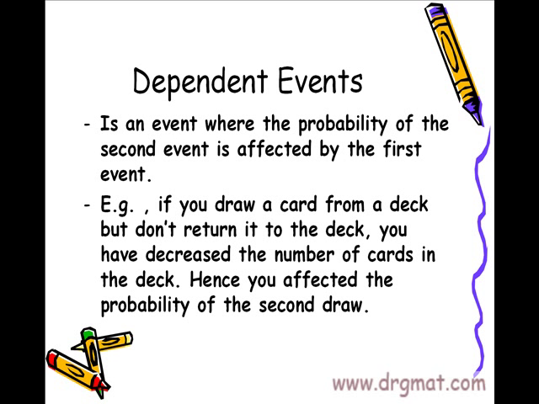A dependent event will be where the first event affects the probability of a second event. For example, if I take a card out of a deck of cards and don't put it back there, then I have affected the probability of a second draw. Before I have 52 cards, now I have 51 cards.